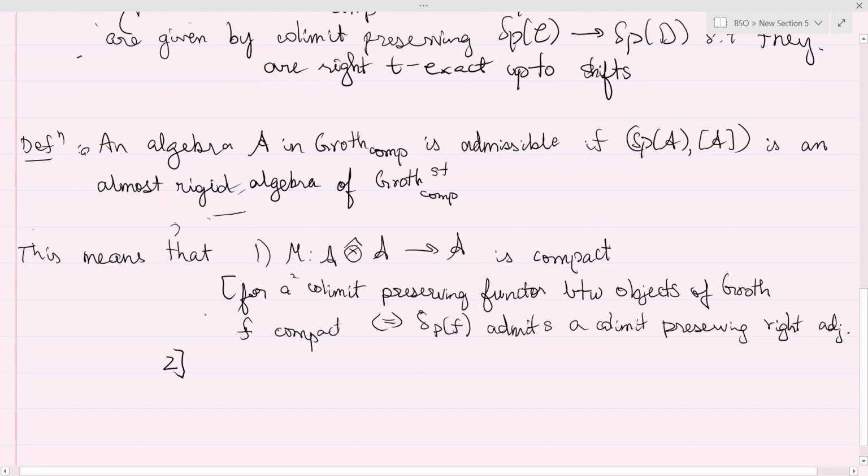The second condition is now that the right adjoint to this map is right exact up to a shift.